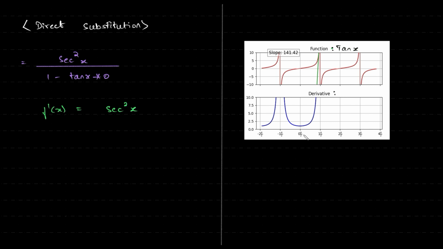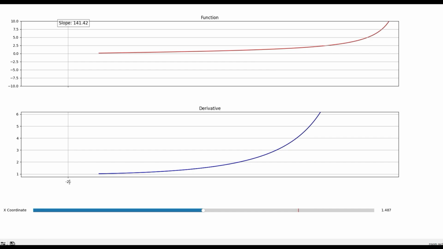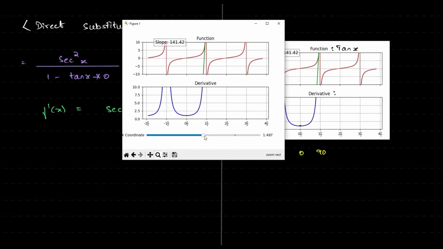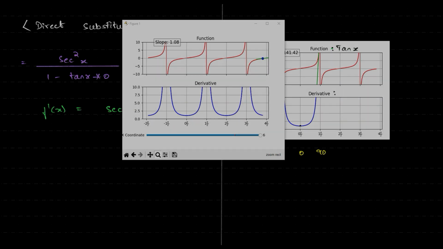Second thing, we can see that at 0 it is 1, and at 90 it's going to infinity. Let me take up those values, 0, 90, and here too again the graph will come in this manner. Let me actually copy this again. This will help. The entire graph will help.